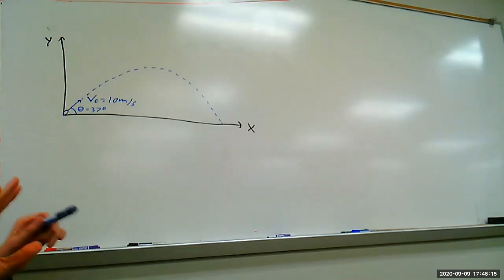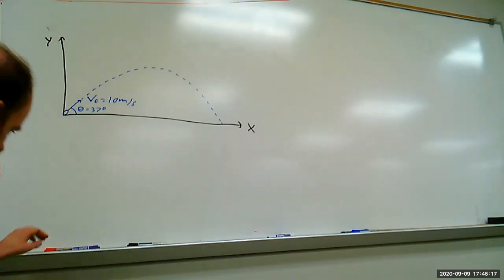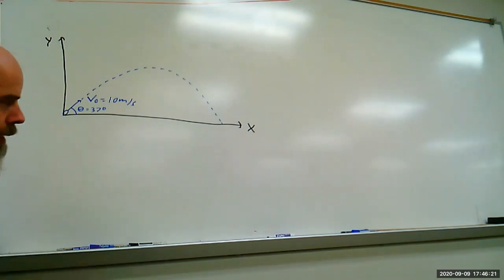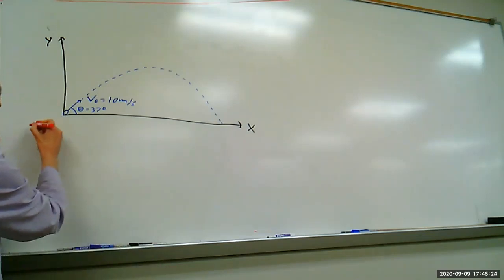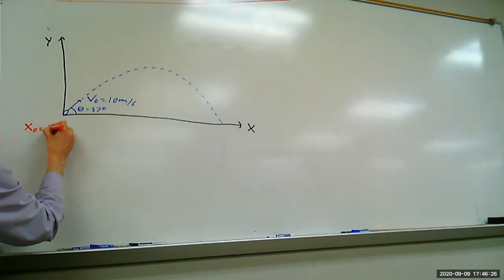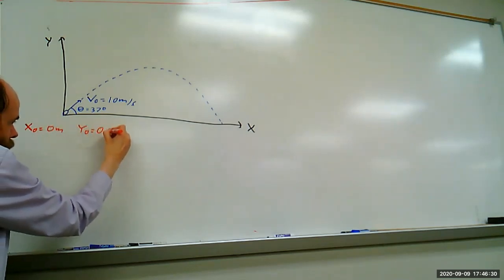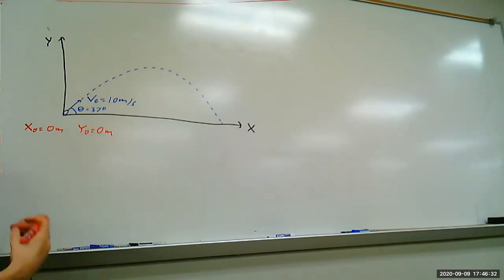Now let's write down all the information that we know about this football. First of all, let's look at the initial position and velocities. Initially, x0 is 0 meters, and y0 is also 0 meters. What about vx0?